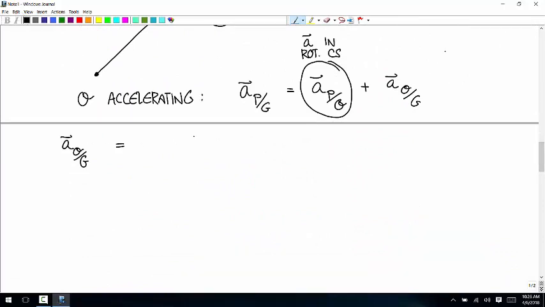So this acceleration is just going to be alpha cross r plus omega cross quantity omega cross r.